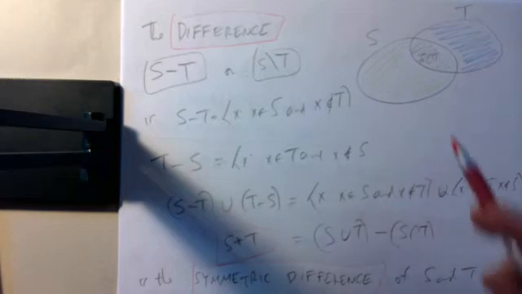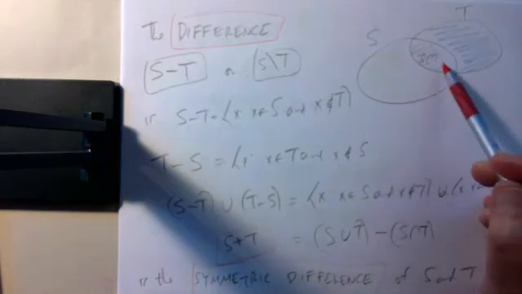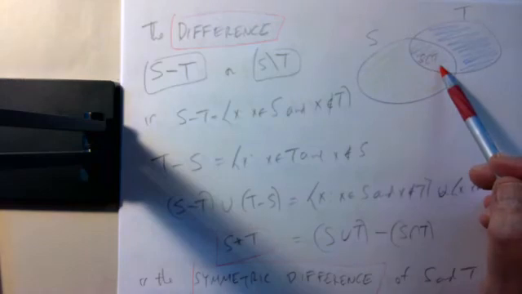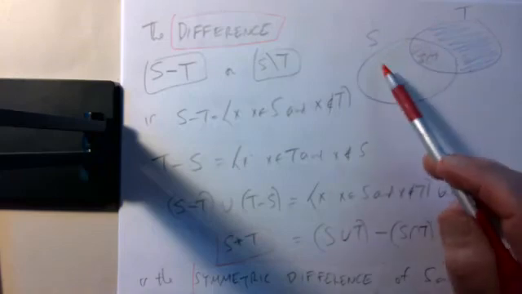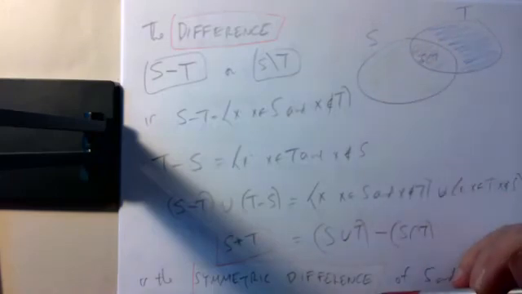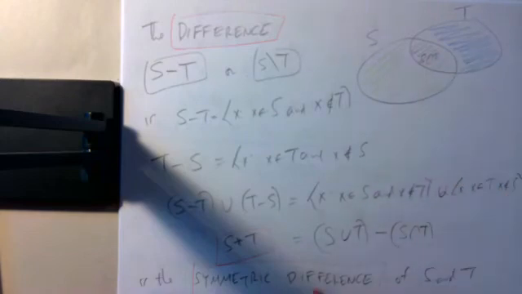So again, if I have two sets S and T, this is the intersection, and everything which is not in the intersection, but is in either S or T, is in what's called the symmetric difference. So the green and the blue together, that's the symmetric difference.